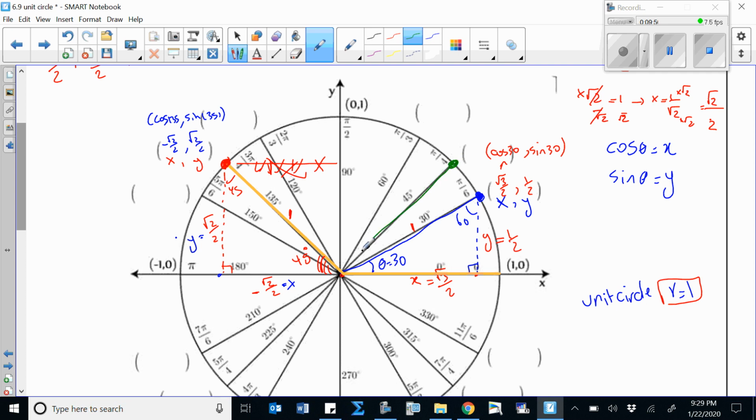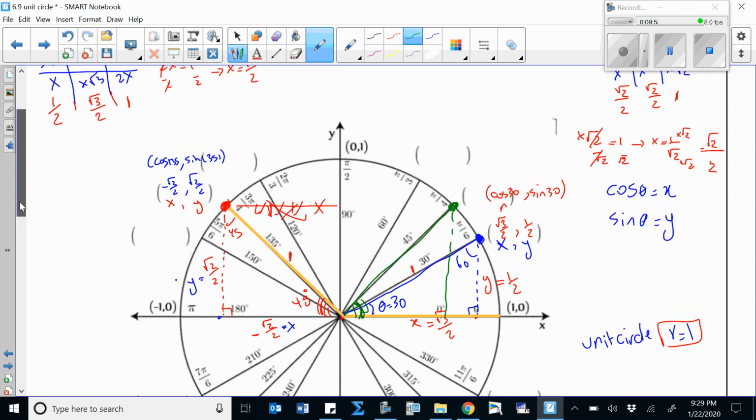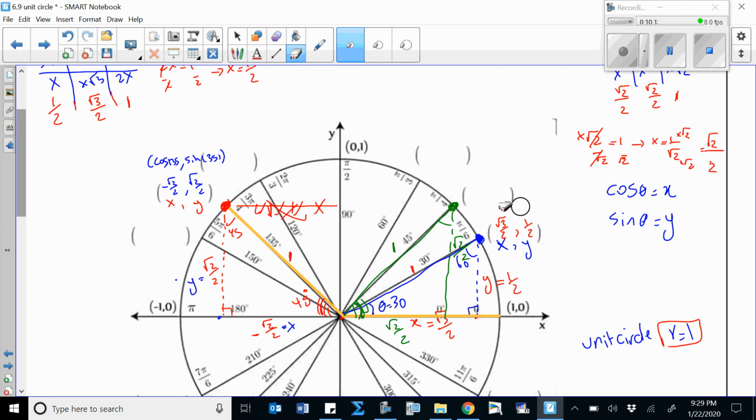So this is going to be my triangle. So the ratio of the sides, because this is 45, 45, and I know that the hypotenuse is 1, the other two sides will be radical 2 over 2 and radical 2 over 2. So the point here is radical 2 over 2 and radical 2 over 2.